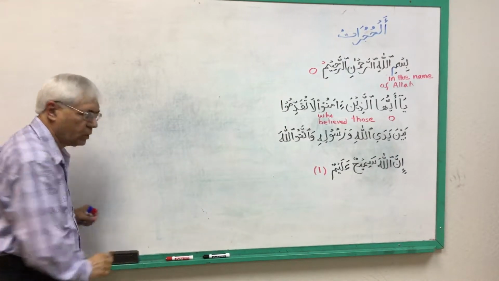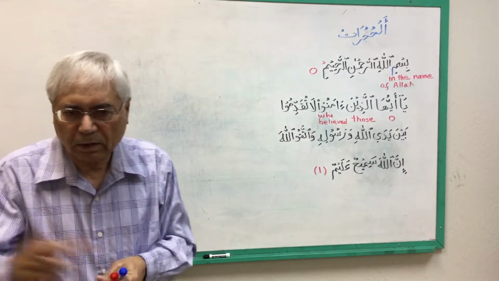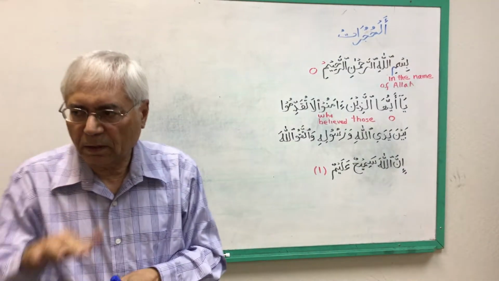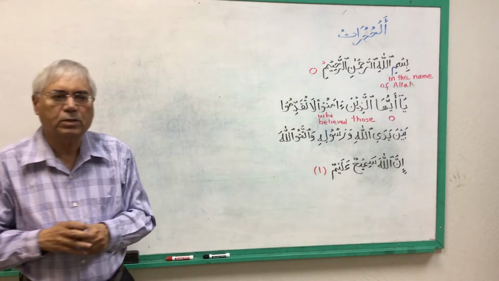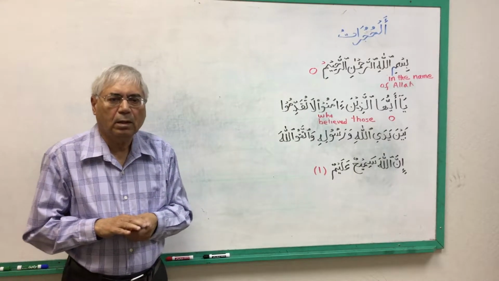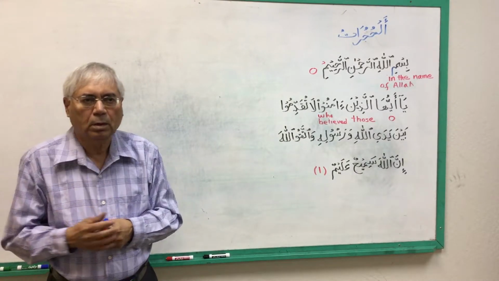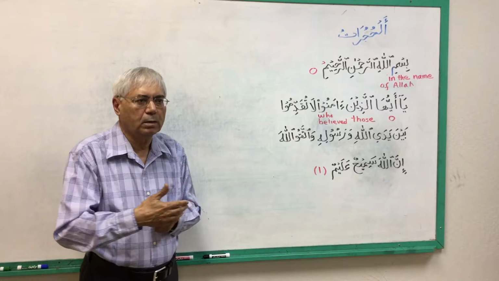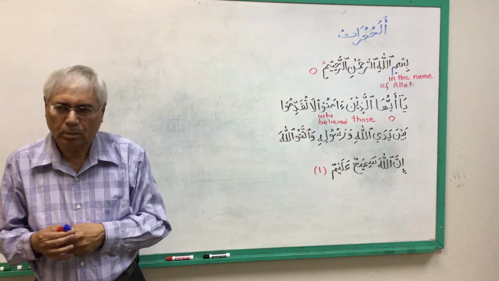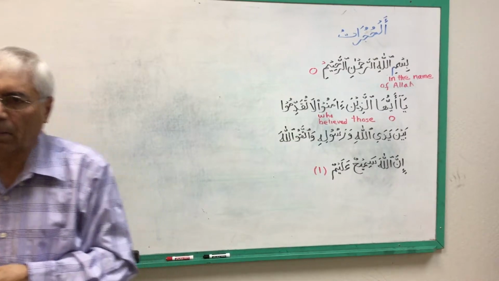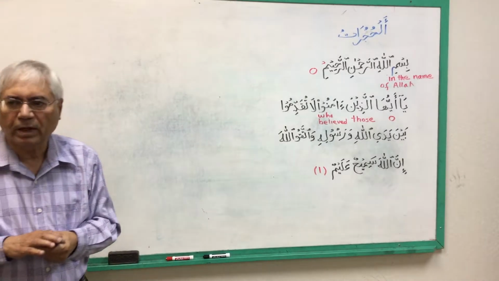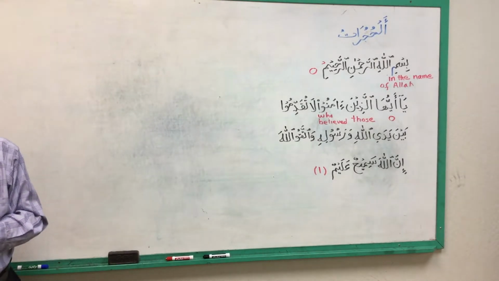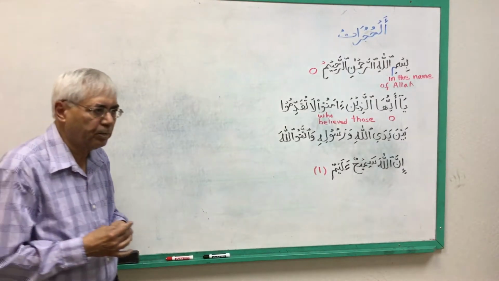And you can refer to the first table again, the very bottom line where it says command, amr, and forbidden, do and don't do. Amr and nahi are in the very second page of the handout.